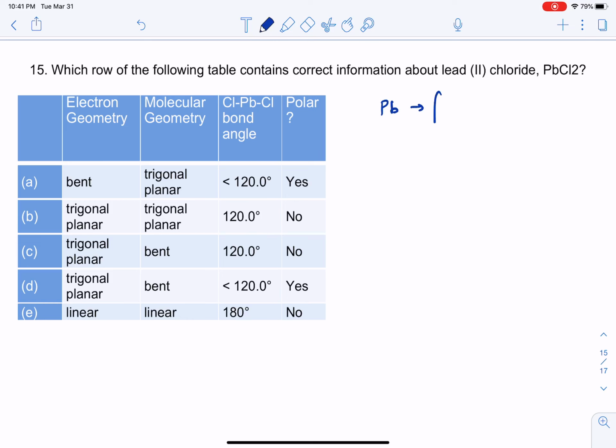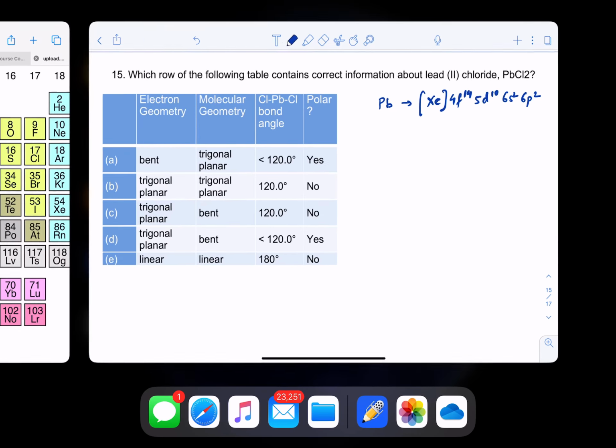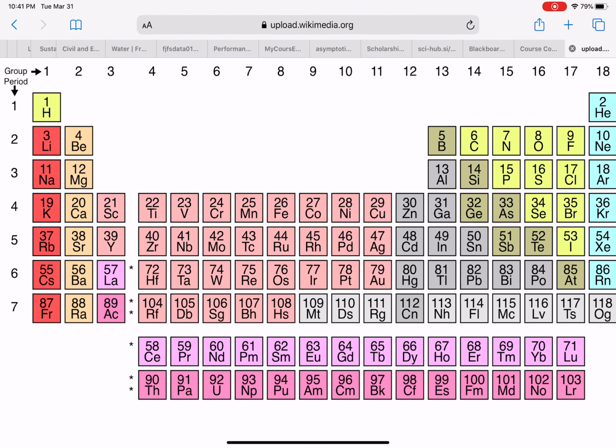I'm writing the condensed structure: Xe 4f14 plus 5d10 and then 6s2 and 6p2. So how I did this: in the 6th row there are lanthanides.